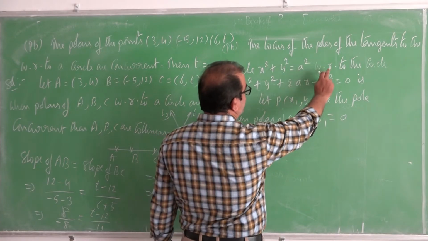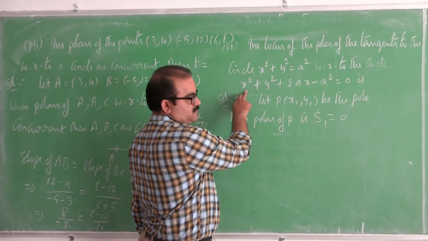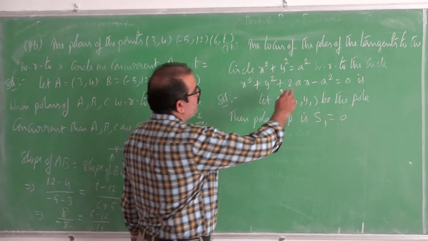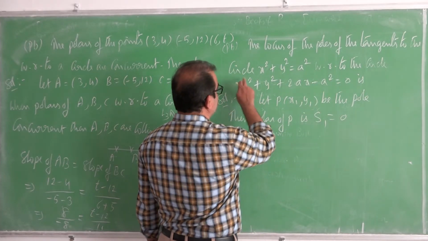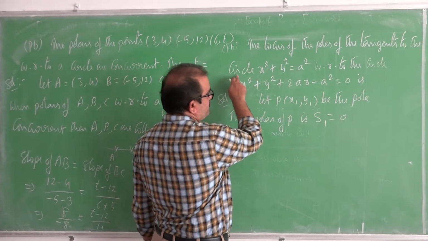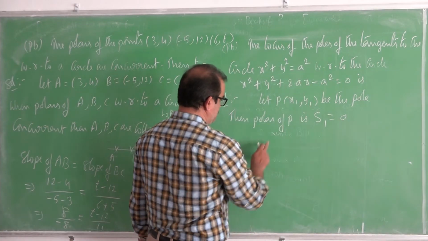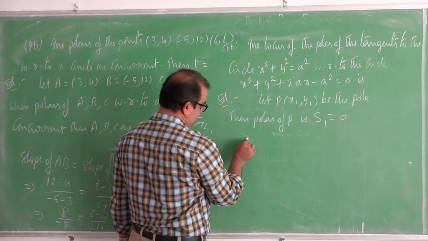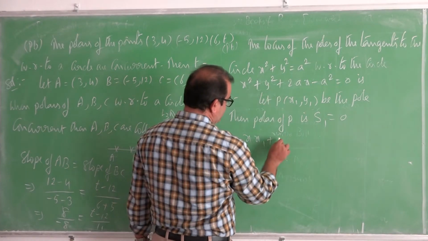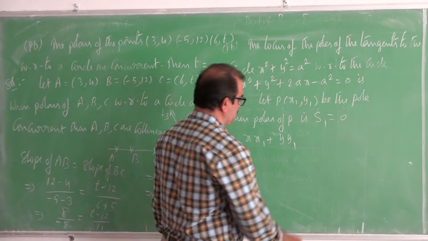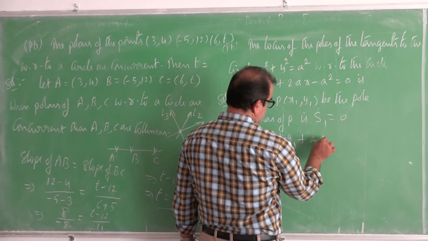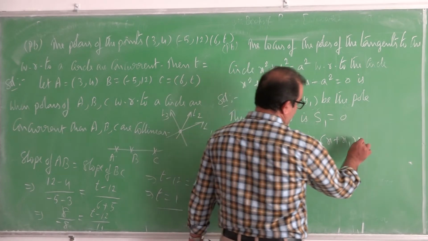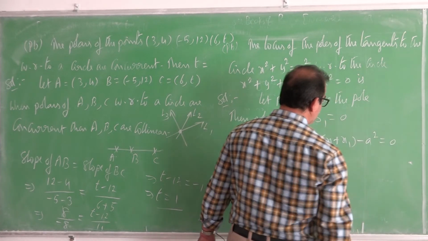Polar of the point with respect to this circle. So to this circle we find S1. We observe that polar is with respect to the second circle. To this second circle we find S1. x square is taken as xx1, y square is taken as yy1, 2ax, a into 2x is taken as a(x plus x1), minus a square is equal to 0.